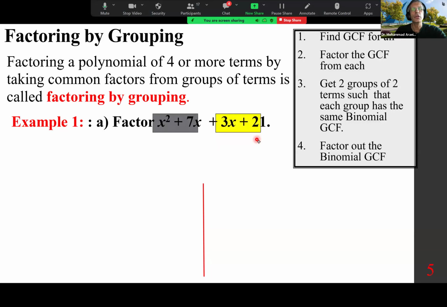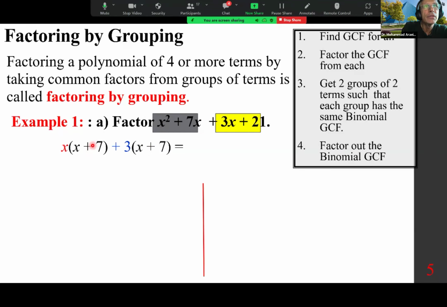Let's put these two together. Let's put these two together. Obviously, from here, we can get the x out. We get x plus 7. From here, we can get the 3 out. We get the same thing. Remember what we are looking for. We are looking to get the same thing, namely x plus 7.